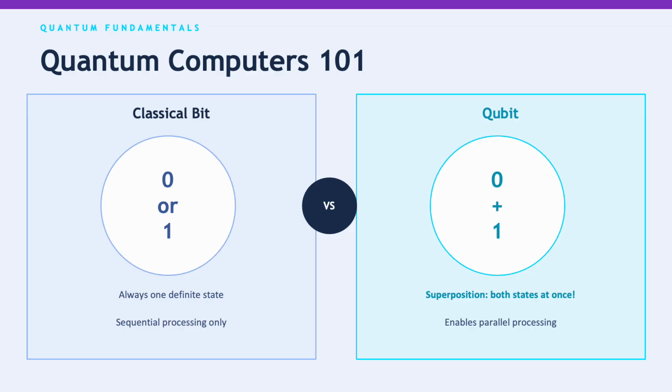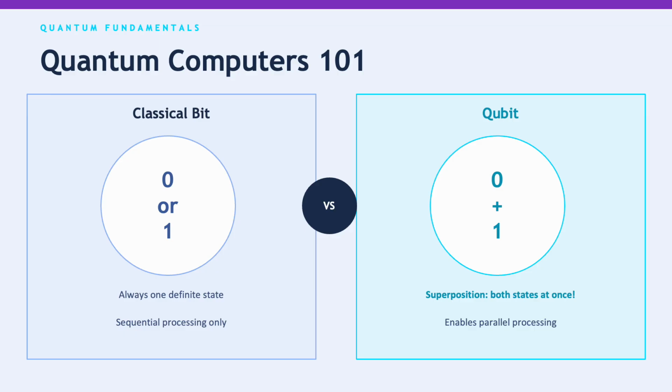To understand Grover's algorithm, you first need to understand what makes a quantum computer different from a regular one. Regular computers store information in bits, as we discussed earlier: tiny switches that are either off, 0, or on, 1. Every piece of data, every calculation, and every instruction is made up of these simple zeros and ones.